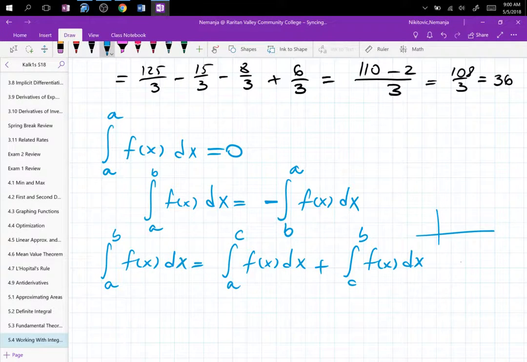So what this means is that if I have integral a to b, I can pick a value c, and you can see that once this area here is calculated from a to c, and the other area on the other side is calculated from c to b, when you add them together, you get the overall area between a and b. So you are allowed, at your convenience, to break the interval anywhere you want, and with a value c.